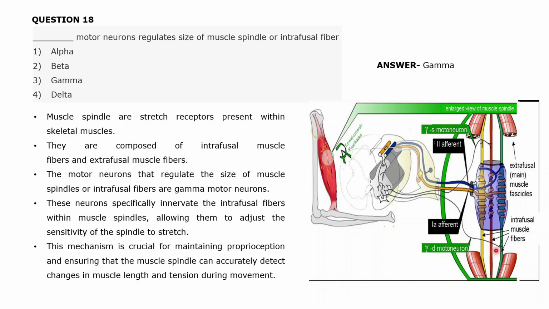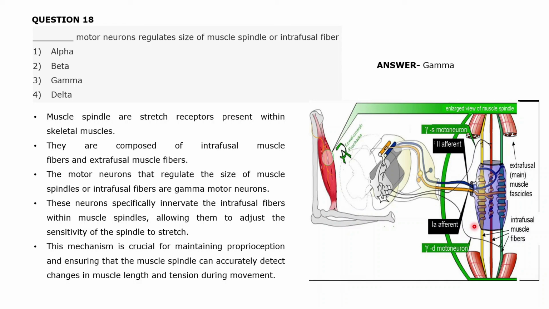These neurons innervate these muscle fibers. You can see that they connect to these intrafusal muscle fibers, and based on the signals that are coming to the stretch receptors, these neurons help the muscles to change their structure, allowing them to adjust the sensitivity of the spindle to stretch.